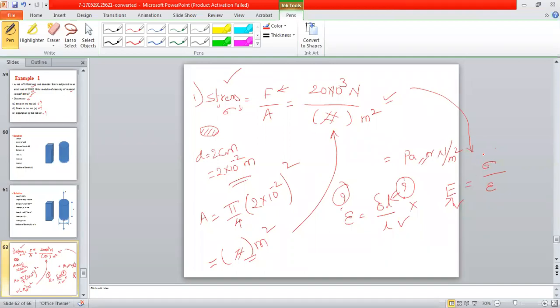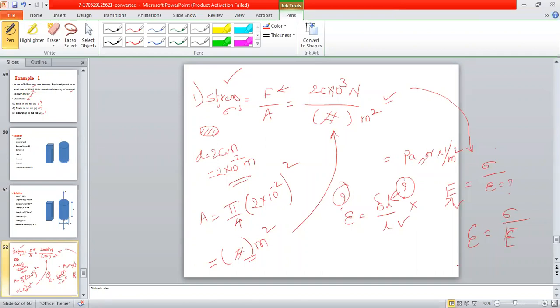Therefore, I can substitute the values here. The unknown here is the strain in the component. Therefore, the strain in the component can be found by stress by Young's modulus.